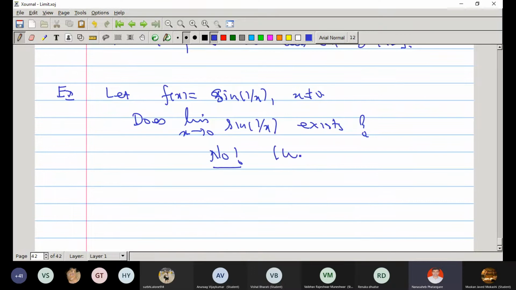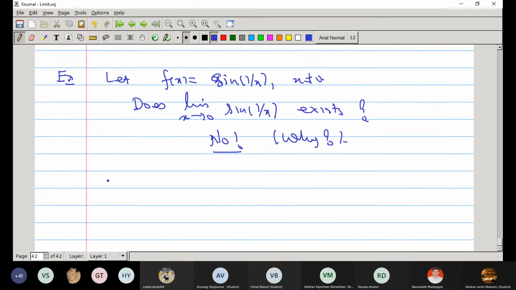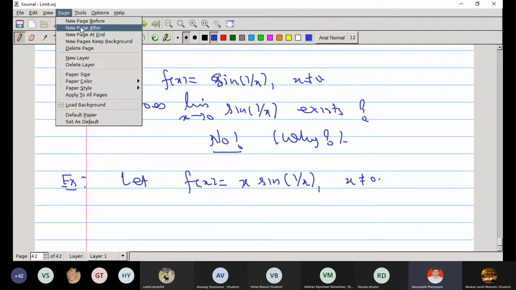We have already proved it. Now let us consider another function. So let f of x be x sine 1 by x. It is defined everywhere except 0, because we are not defining it at 0.